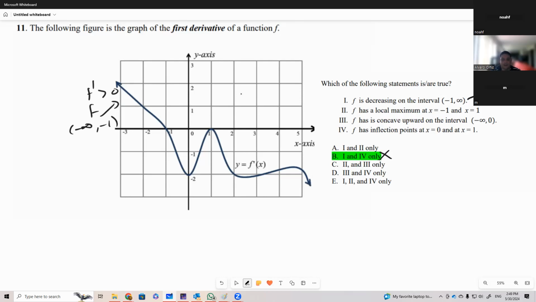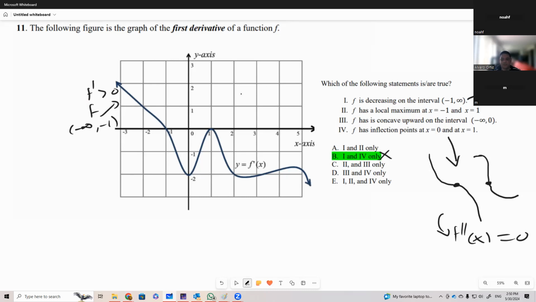Let's verify. F has an inflection point at x equals 0 and x equals 1. Inflection points are points where the concavity is changing, from concave up to concave down, or from concave down to concave up. So these two points are points of concavity change. They are also where f double prime is equal to 0.